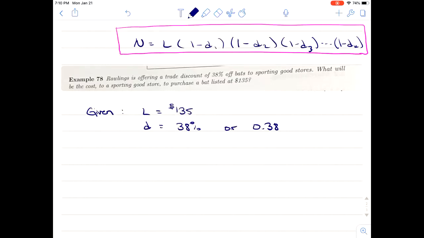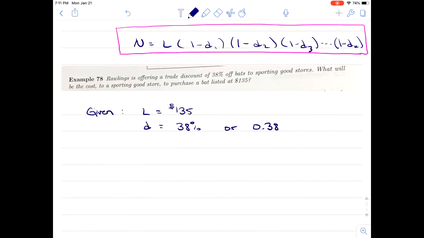But whenever we're doing any calculations, we'll need to convert our percentage to a decimal, right? We saw that in an example, but now it's going to be really important that we use the decimal instead of the percentage. So eventually, I won't even write the 38%, I'll just write 0.38. Right. Just kind of skip straight to it. So there's only one trade discount, 38%. We know how to deal with more, but we'll start with just one.